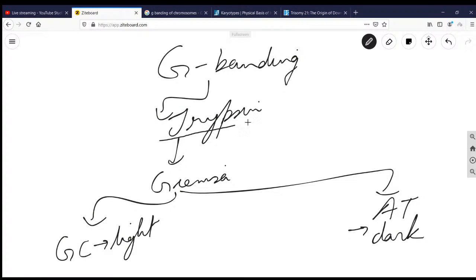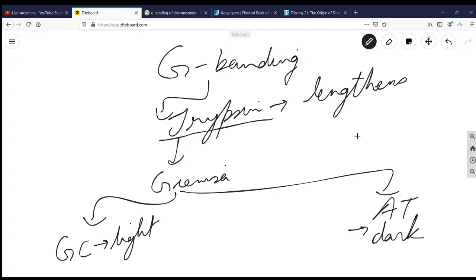Just see, trypsin I am saying. So how will trypsin denature the DNA? Impossible. What it does is it lengthens the histones. It denatures the various peptide bonds in the histones. It will break or reduce the disulfide linkage in histone, and then it will break the peptide bond in the histone surrounding the DNA.